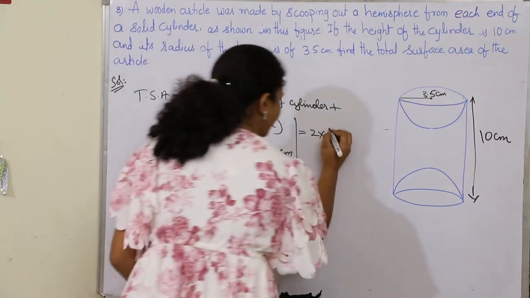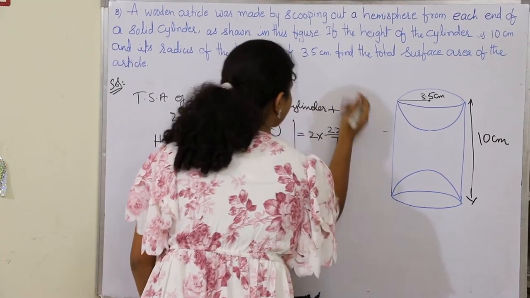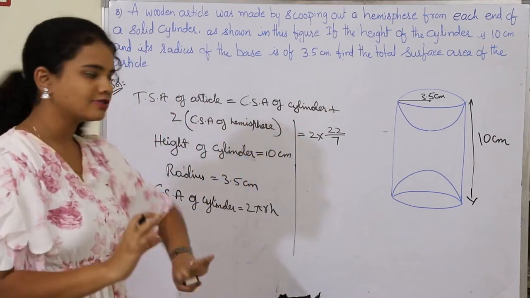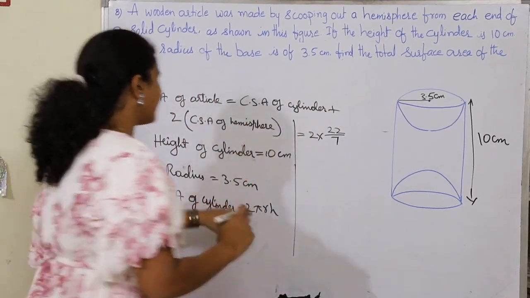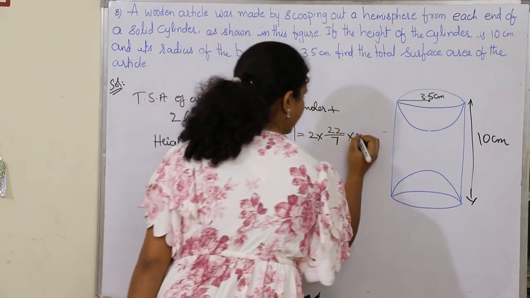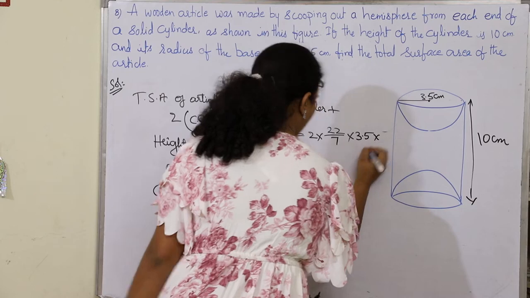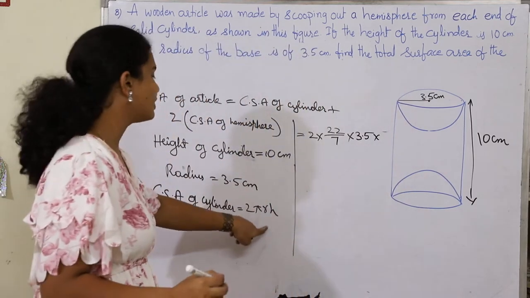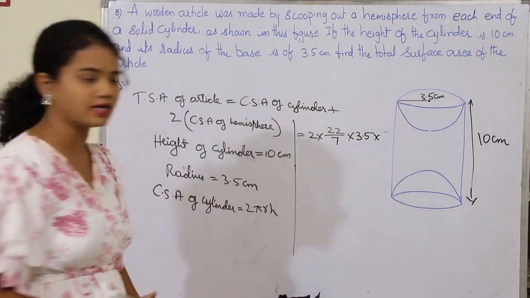Let's consider this as 22 by 7, as they haven't given any value to use for pi. Into R, the radius, which is 3.5, into the height, h value, which is 10 centimeters.